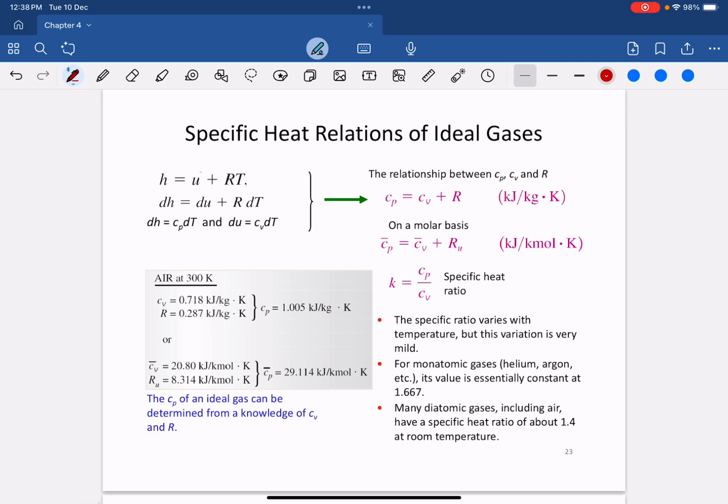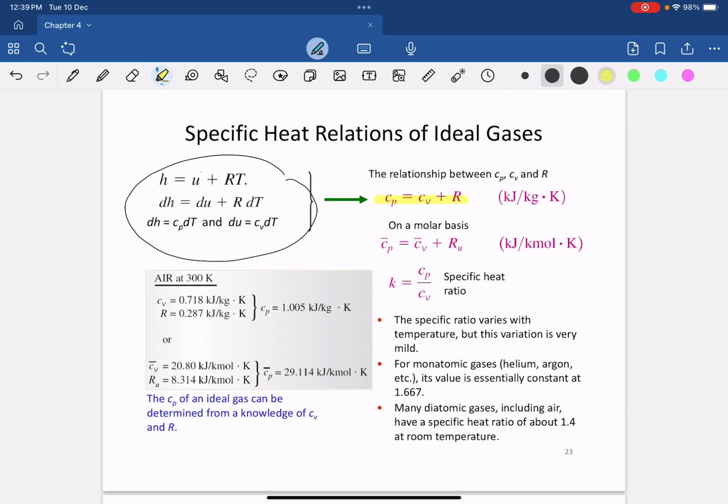Okay, so this here is how these two specific heats are related. CP is equal to CV plus the specific gas constant. So this is how these two properties are related. This comes from here; you can study it by yourself, but the relation comes out this way.